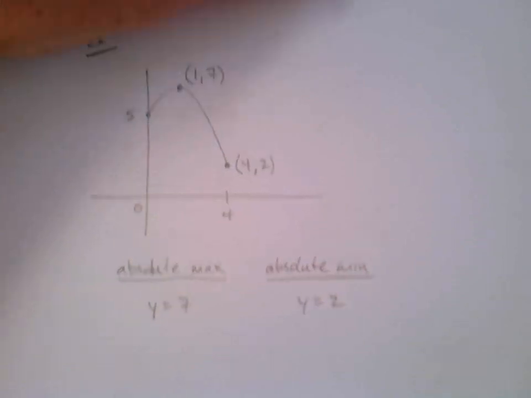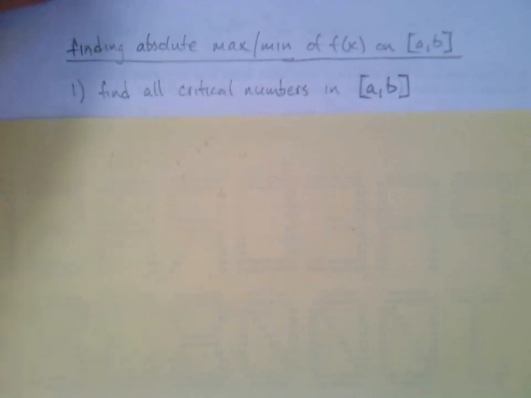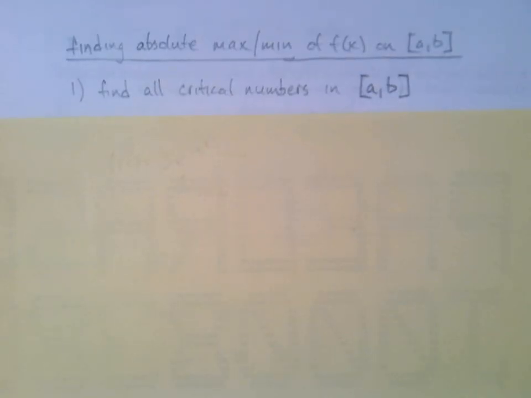Let's get to the steps in finding an absolute max or min. So I've laid out a 3-step procedure here. This chapter is all about steps.